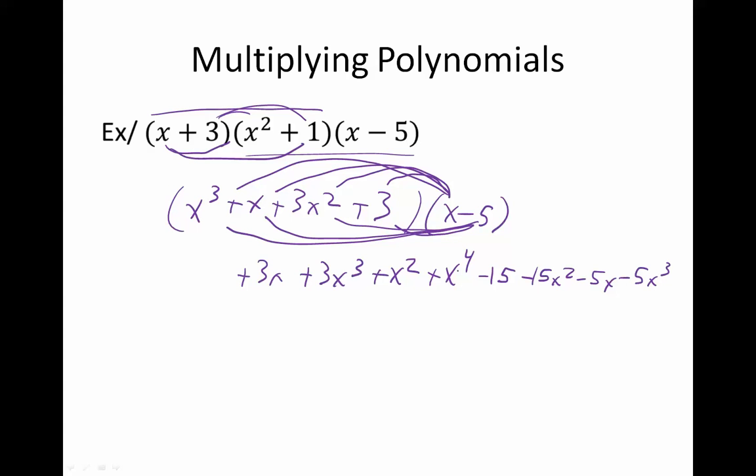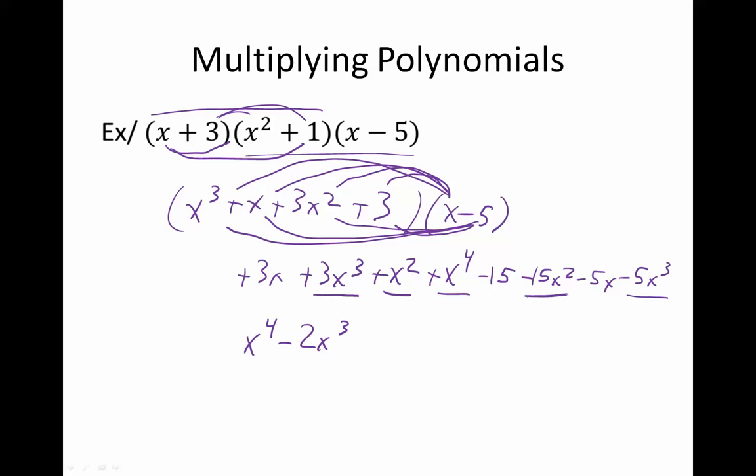Whew, man, there was a lot of these. Okay, now we need to combine like terms, put it in standard form. So I'm going to go with my highest degree first, and there's only one x to the 4th, right? Now we do my x cubes, and I've got negative 2x cubed.